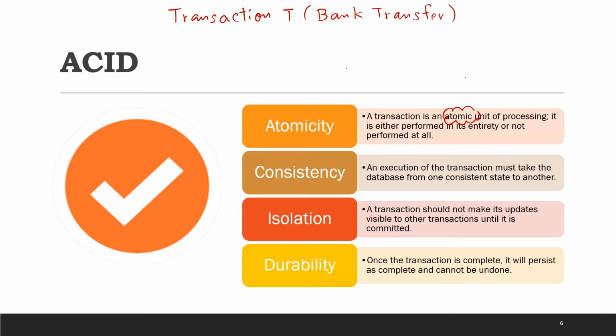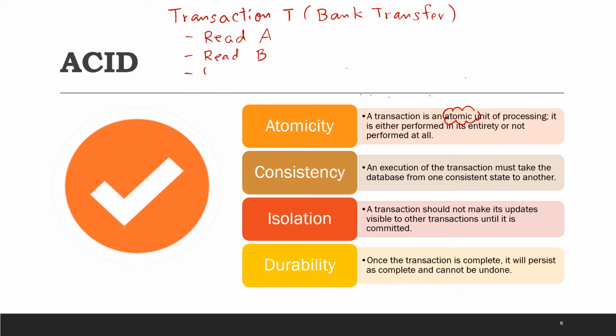This transaction T may consist of a few sequential operations. Suppose it is a transfer from account A to account B for a certain amount. We definitely need to read account A's balance, and then read account B's balance.